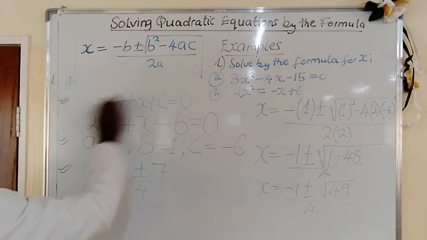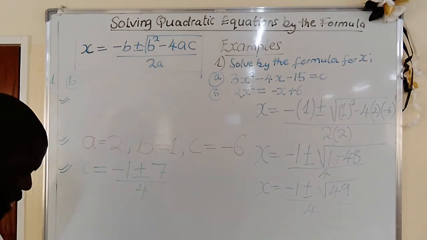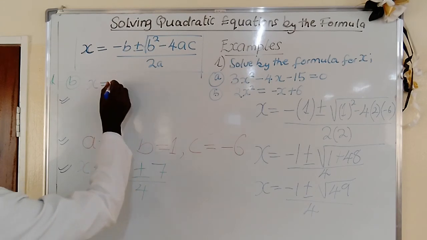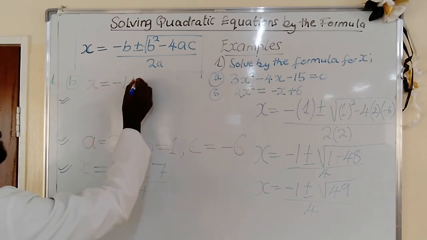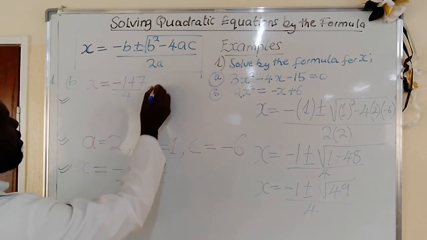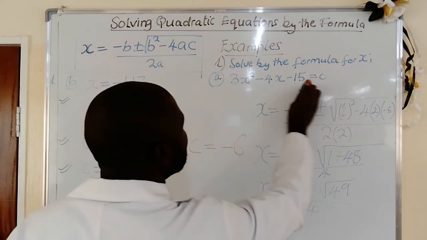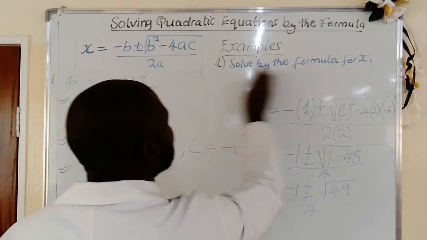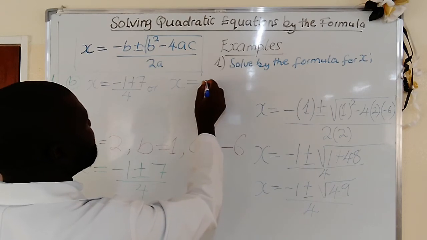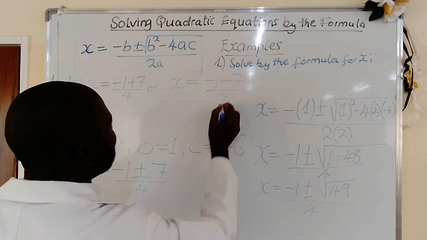Separating that statement, we are going to have x is equal to negative 1 plus 7, everything over 4, or x is equal to negative 1 minus 7, everything over 4.